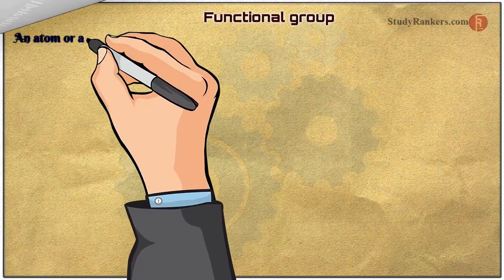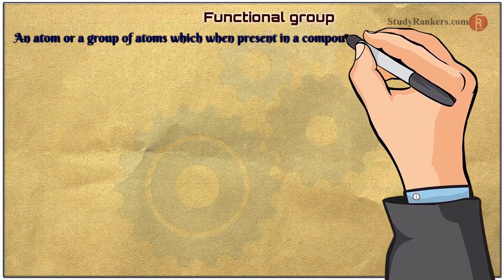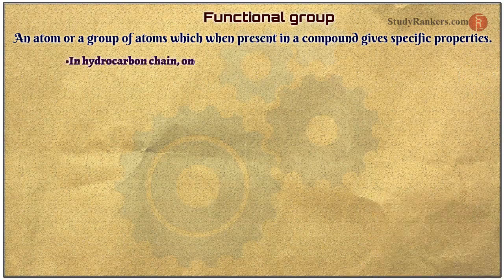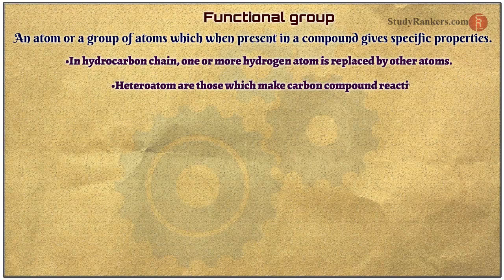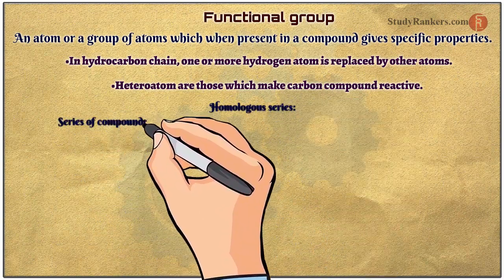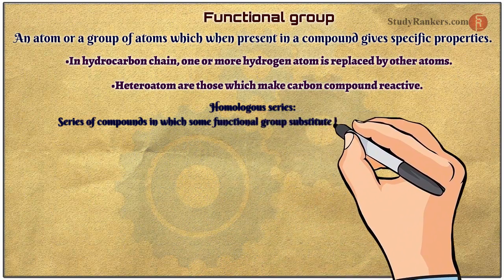A functional group is an atom or a group of atoms which, when present in a compound, gives specific properties. In a hydrocarbon chain, one or more hydrogen atoms are replaced by other atoms. Heteroatoms are those atoms which make carbon compounds reactive. A homologous series is a series of compounds in which some functional group substitutes hydrogen in the carbon chain.